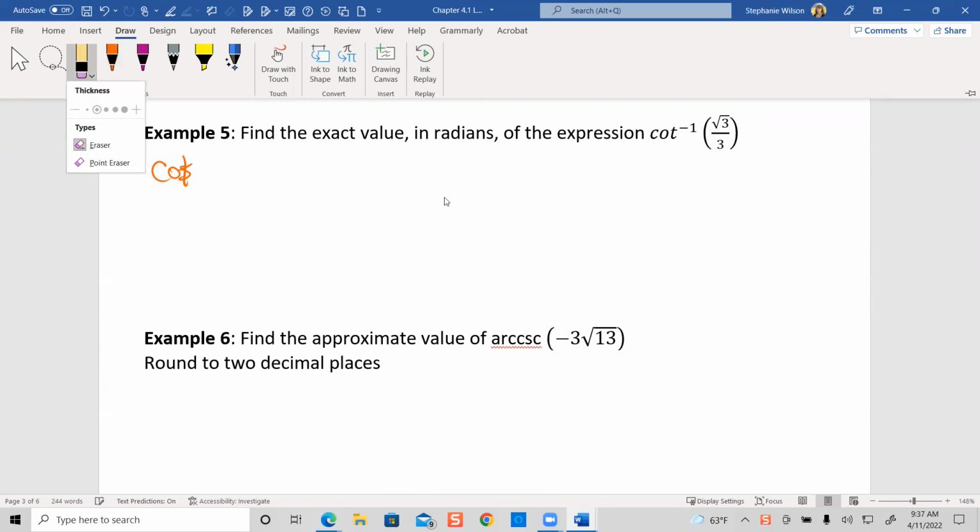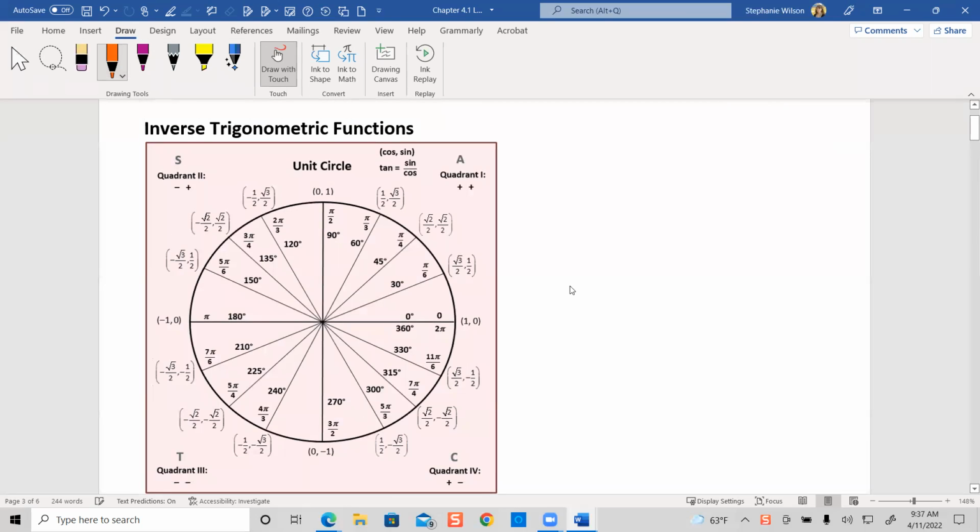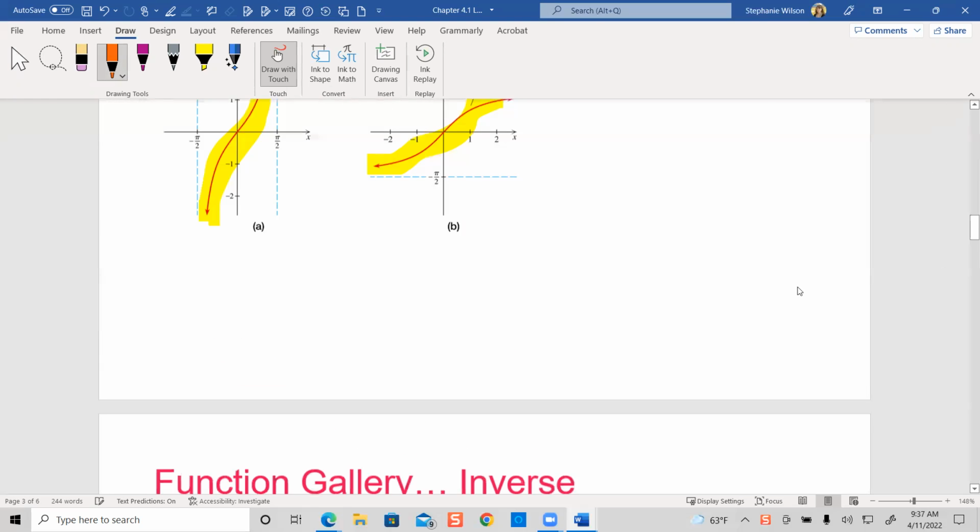All right, so let's erase this. All right, so we know cotangent. Sorry guys, my computer has been silly today. Seems to be a new thing this year.